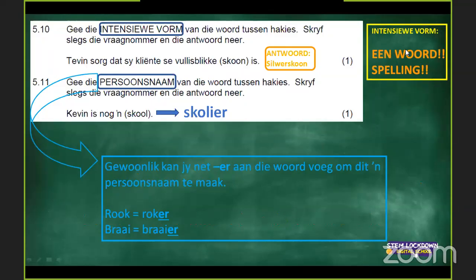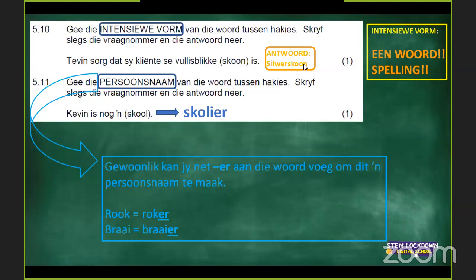This is een woord, you have to write it as one word. If you are one of those people that write and you leave spaces between your letters, this is the one place where you please have to make sure that you have squished everything together, that there is absolutely no doubt that that word has been written as one word.